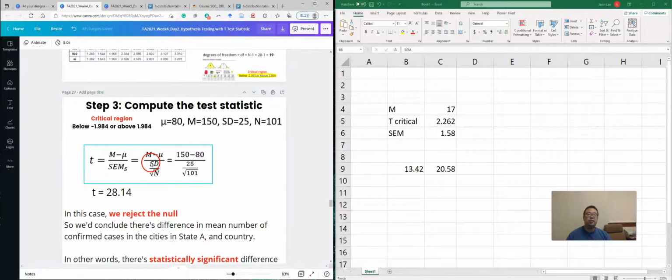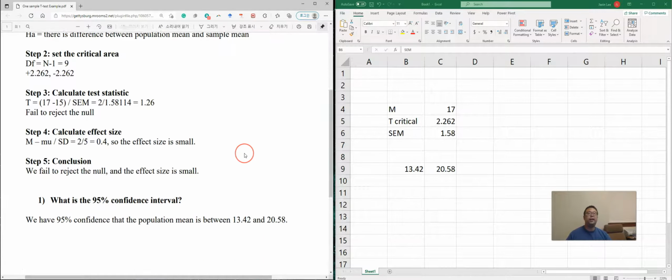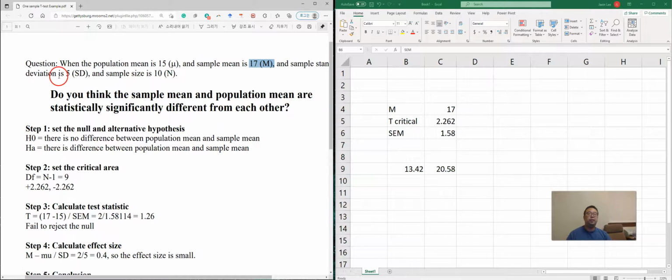Sampling error is standard deviation divided by the square root of the number of cases. So now we have standard deviation is 5 and number of cases is 10.